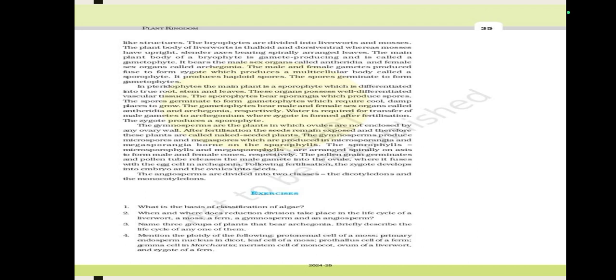The microsporophylls and megasporophylls are arranged spirally on an axis, and the pollen tube releases the male gamete into the ovule, where it fuses with the egg cell in archegonia. Following fertilization, the zygote develops into an embryo and the ovules into seeds. The angiosperms are divided into two classes, the dicotyledonous and monocotyledonous.